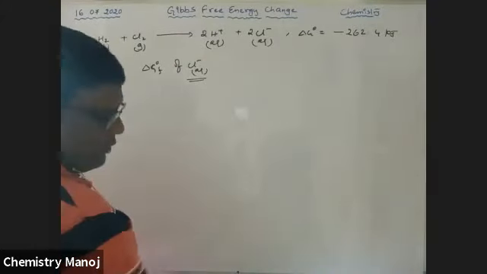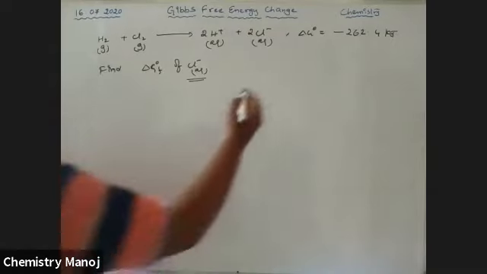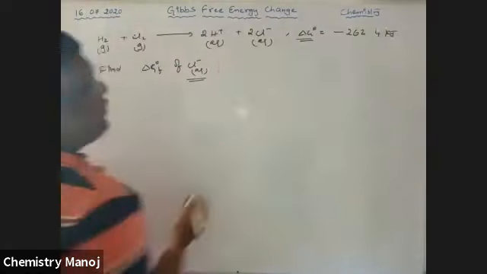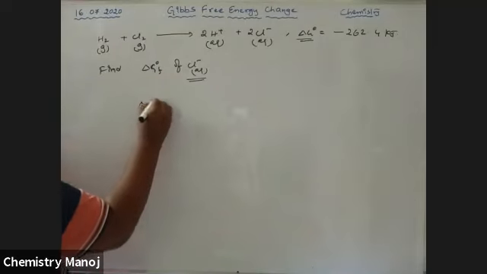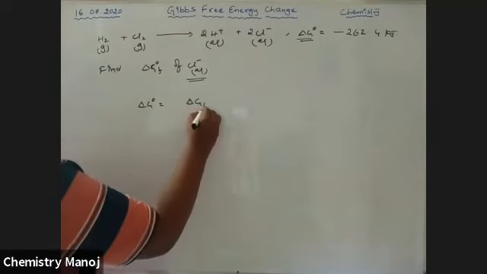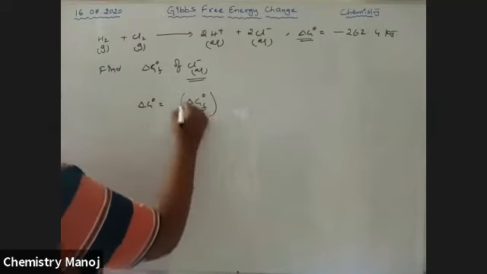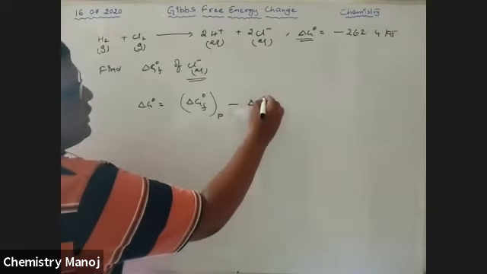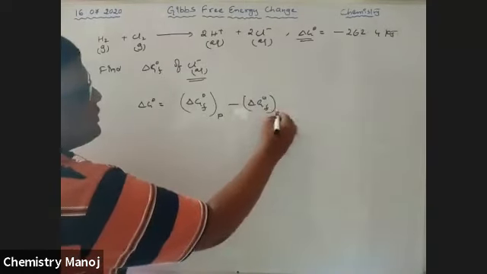See here. Delta G naught for the reaction is given to you. Delta G naught is nothing but the sum of delta G formation of products minus the sum of delta G formation of reactants.